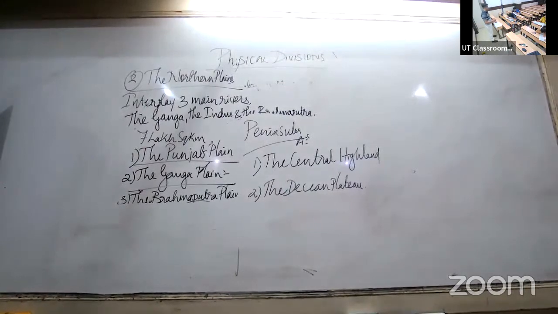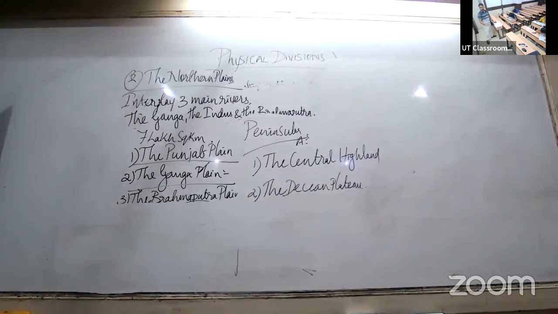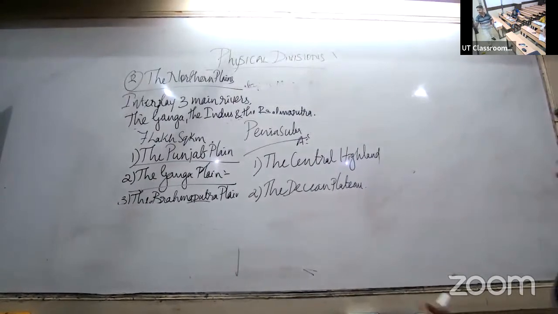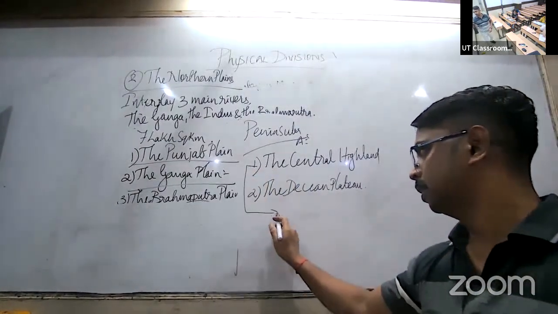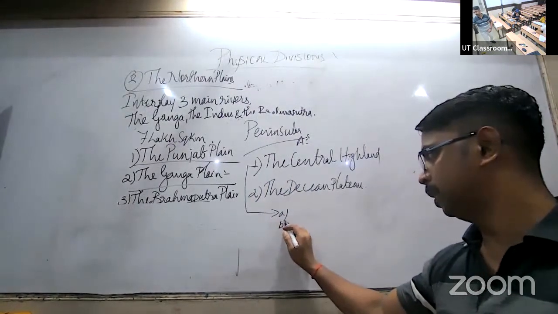We are going to write for the Central Highland. You don't need to write all the points. You can pull the arrow like this and start writing A, B, C.